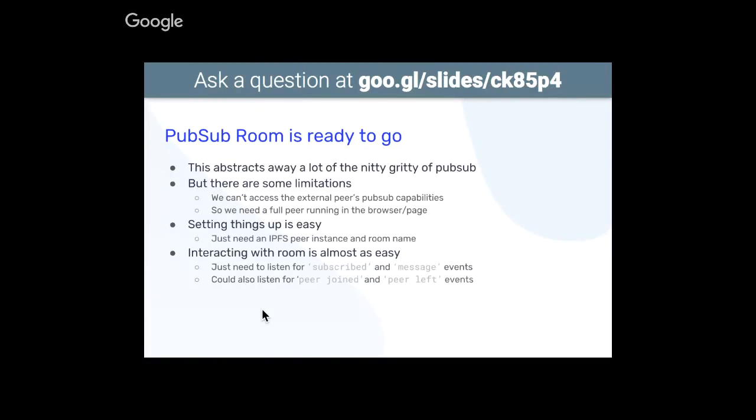But there are some limitations, and that's one of the reasons why we're running this directly in the browser. First of all, we can't access an external peer's pub/sub capabilities, so that's why we're running this directly in the browser rather than using window.ipfs. And again, that saves us the trouble of having to connect to an existing external IPFS daemon.